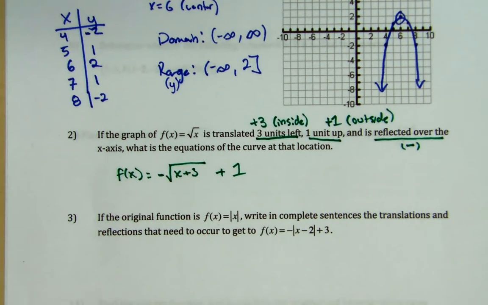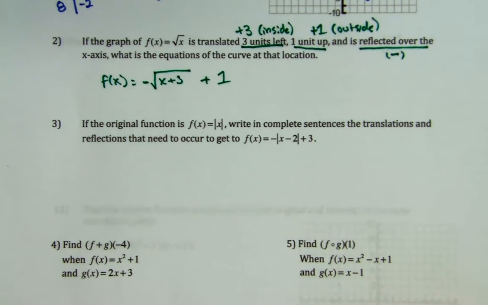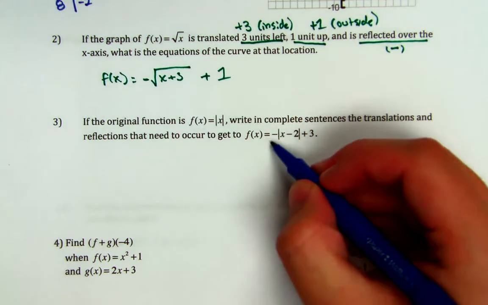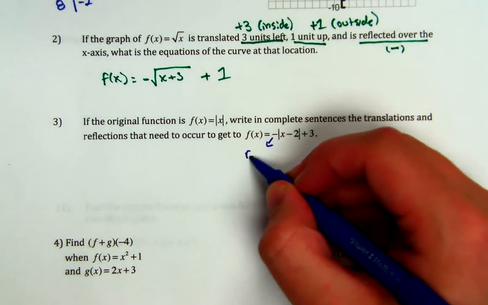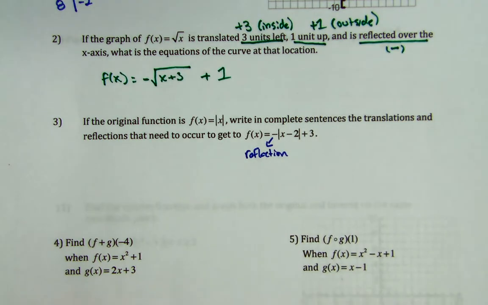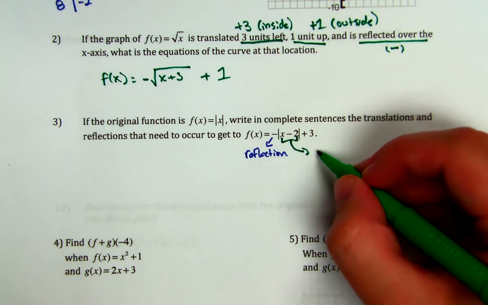So again, now let's work backwards here. The original function is the square root of x. So I need to identify the things that are happening. Well, negative, that tells me my reflection. This x minus 2 in here, well, you should think the opposite.